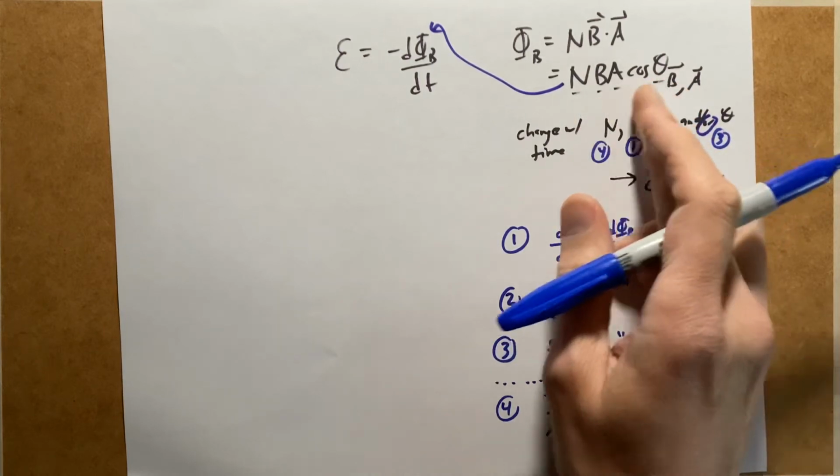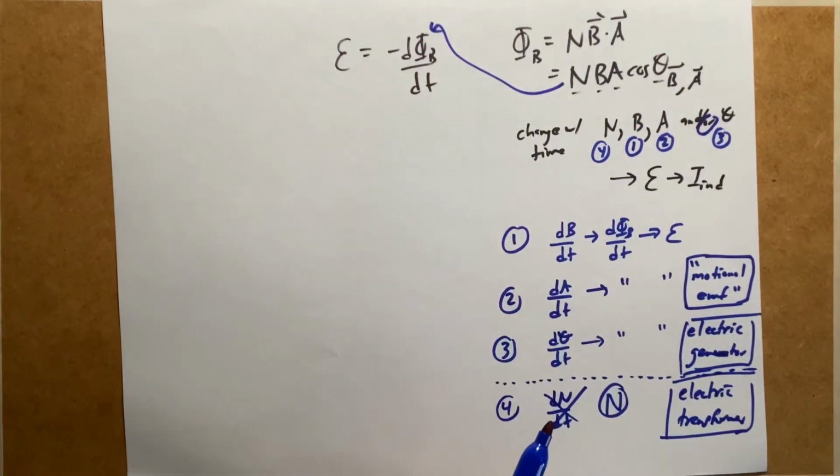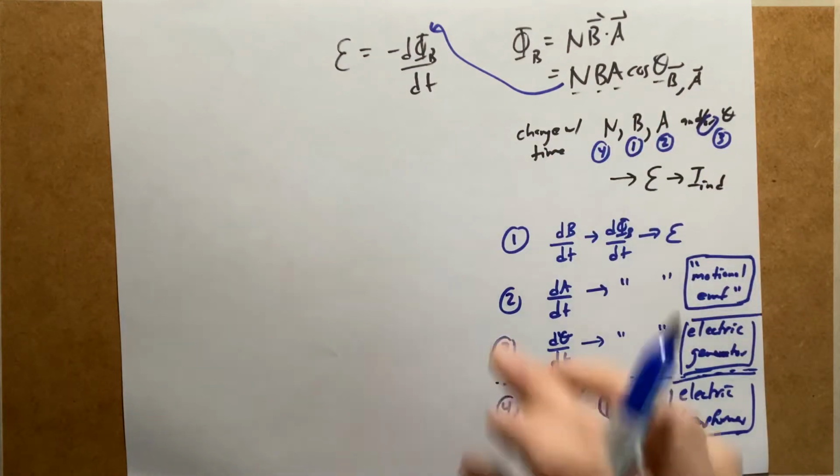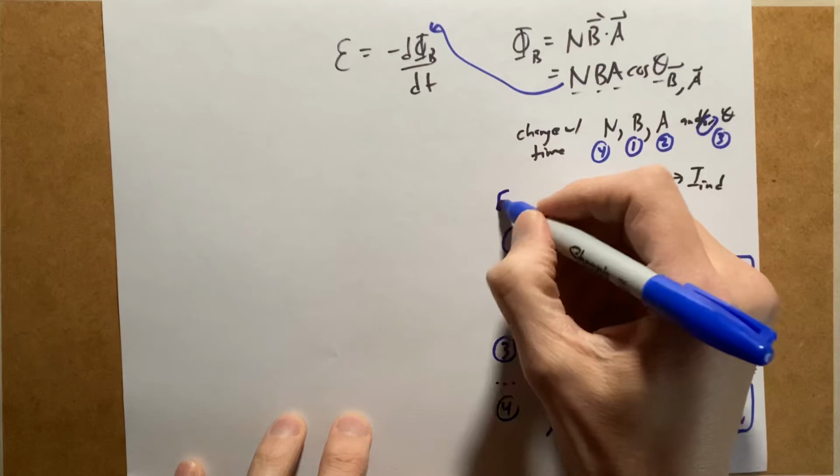If more than one of these things was changing, you guys know the product rule for handling the derivative. So I'm not going to do that, but the way you'd handle that, as far as the math is concerned, would be something you guys could definitely do. So these will be the 4 examples that I do.